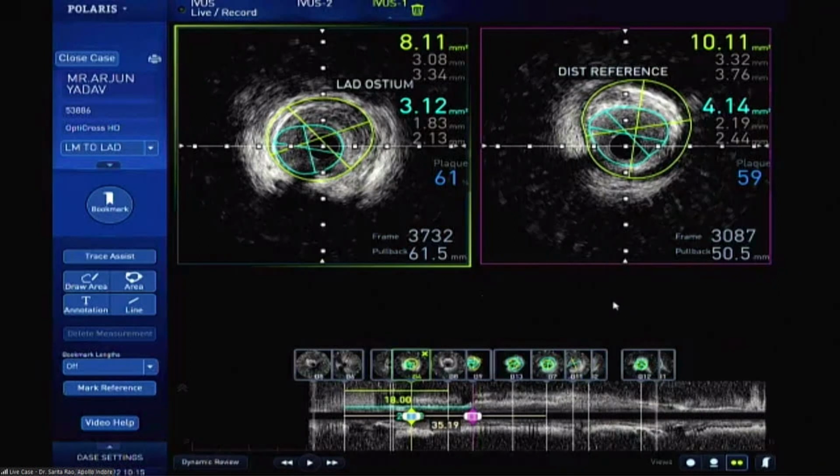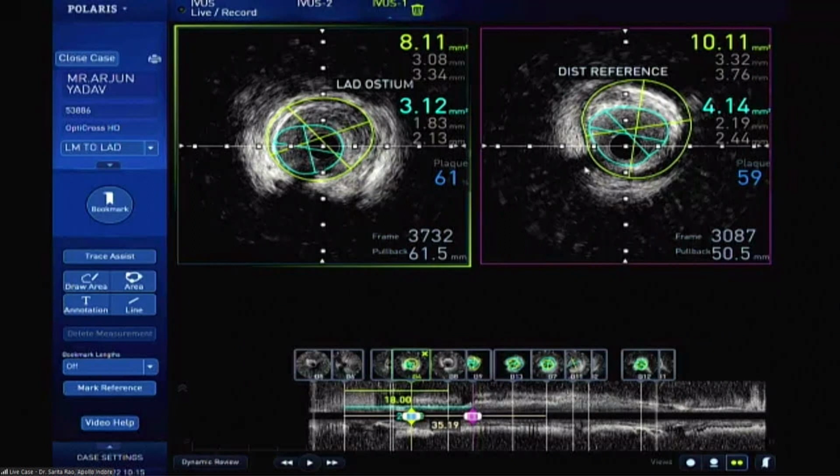Yes, we can. So we have a vessel size of 3 at the LAD ostium. We are planning to stent from left main to LAD. At this point, when we were taking our IVUS run, we had some decompensation. And it's basically fibrous fatty tissue.